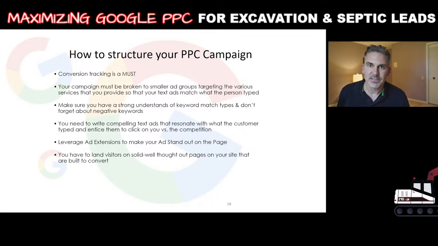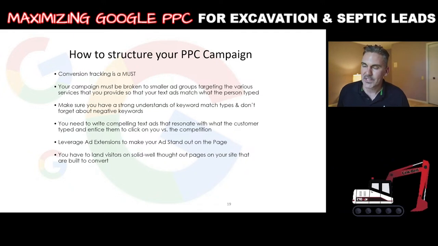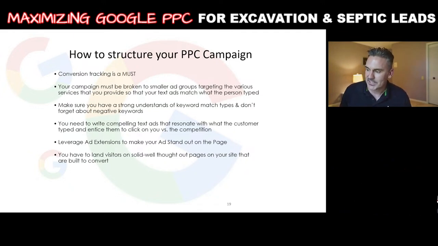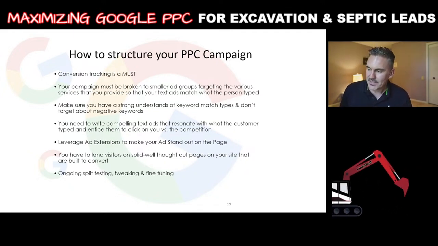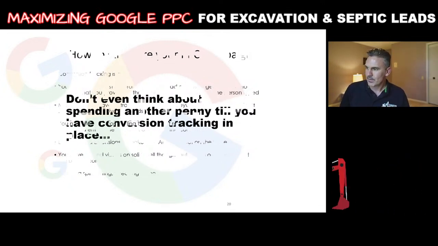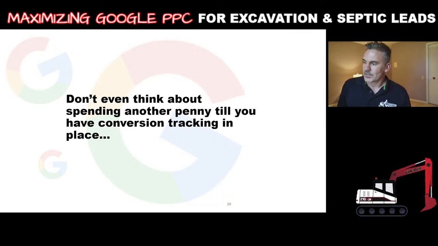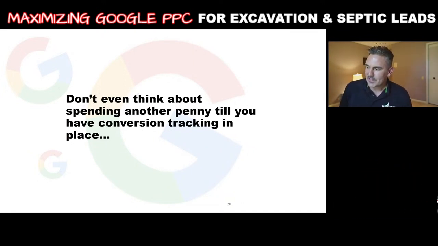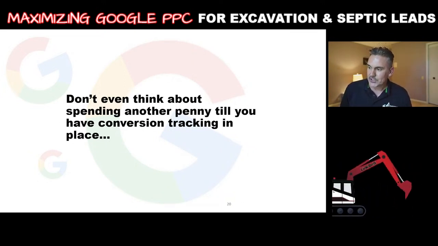They don't make a choice. It's analysis paralysis, and then they just leave the site. So you're better off setting up a landing page, and I'll show you how in just a moment. And then ongoing split testing, tweaking, and fine tuning. So don't even think about spending another penny until you have conversion tracking in place.